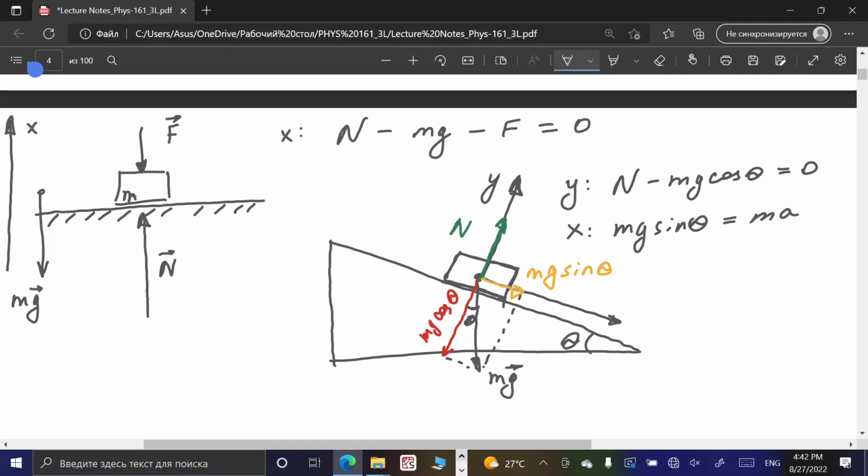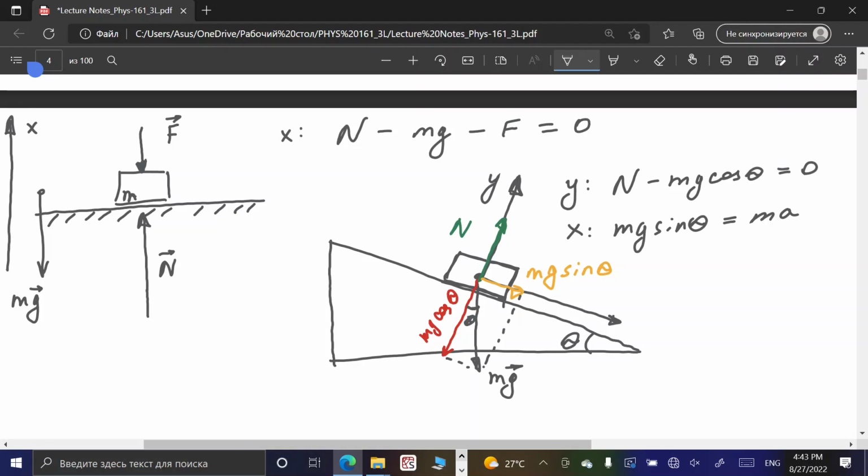However, if we consider axis x along the inclined plane, there is nothing to compensate this fraction of the weight vector, and since we consider friction equal to 0, this results in acceleration, but acceleration happens only along axis x.